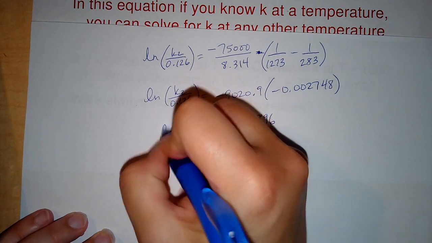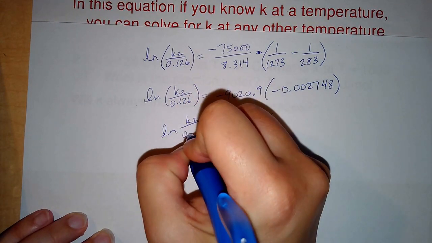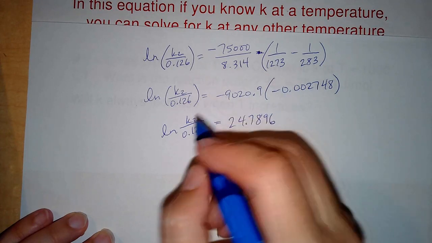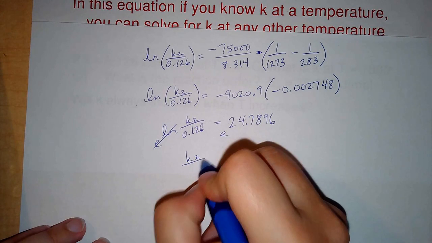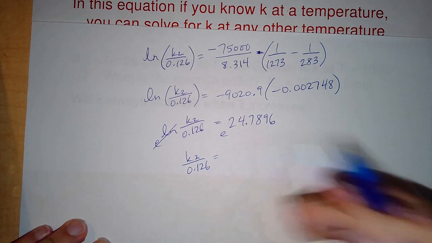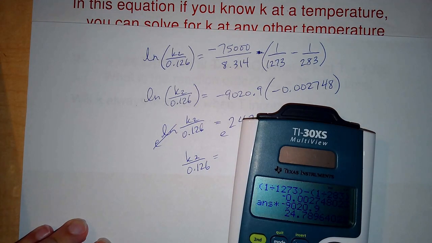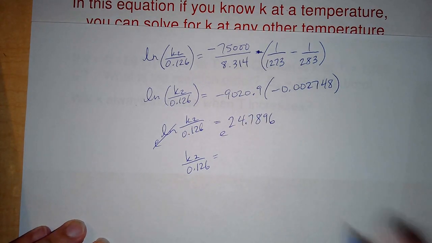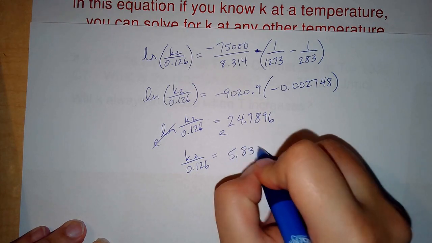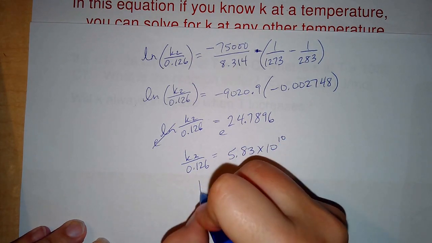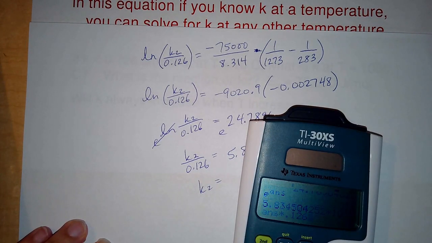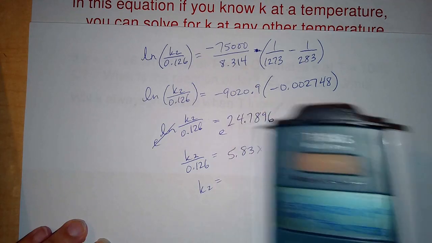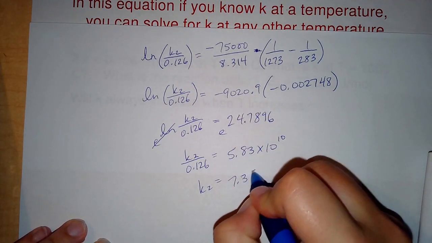Alright, so taking e to both sides, we'll get rid of the ln. This is going to be a very large number. Yeah, 5.83 times 10 to the 10. And then multiplying by the 0.126 gives us 7.35 times 10 to the 9.